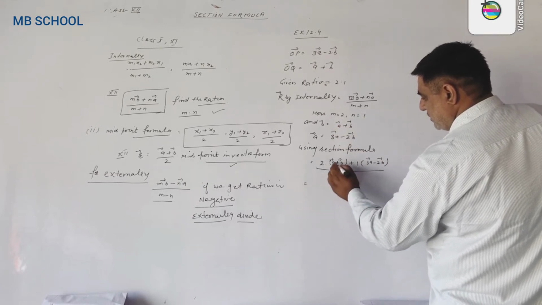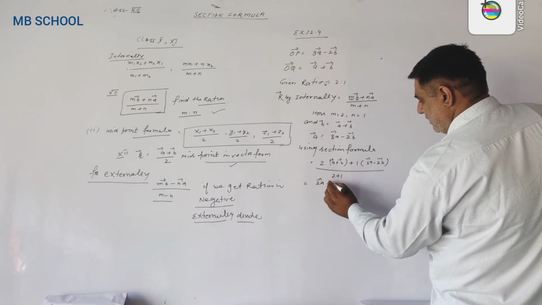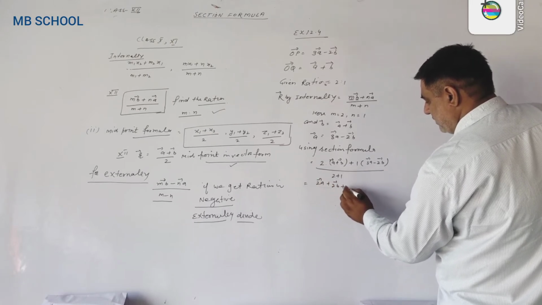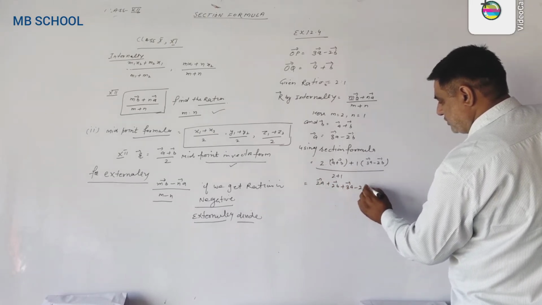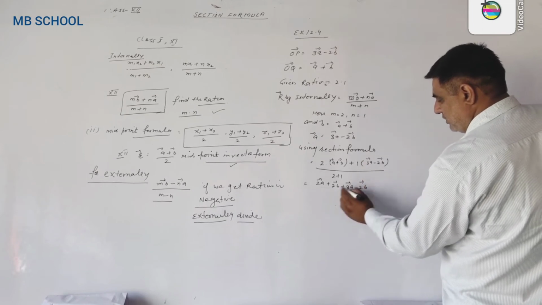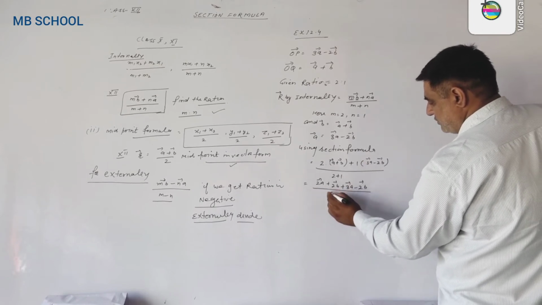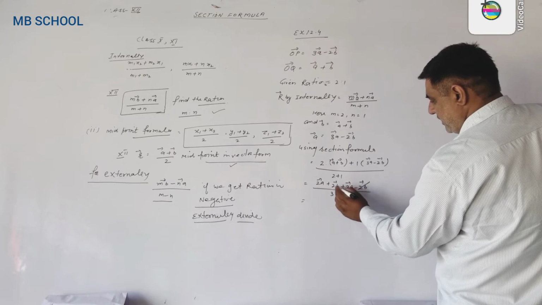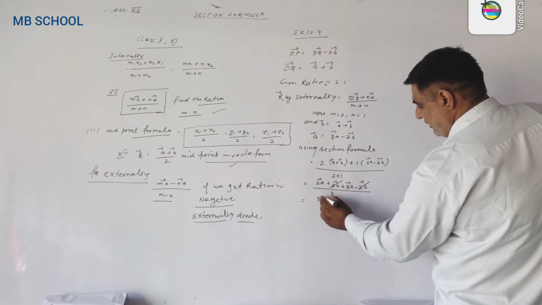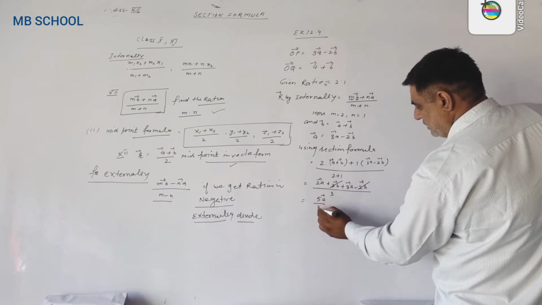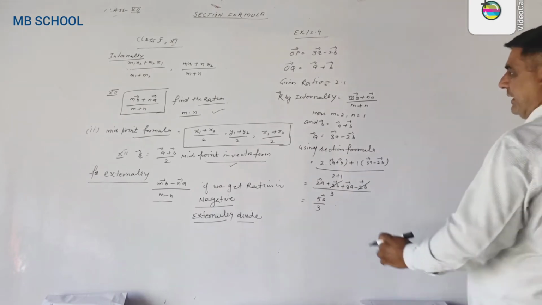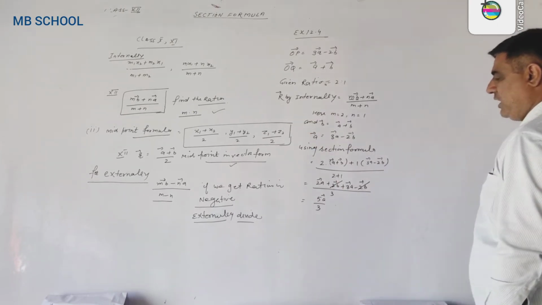Now we get 2a plus 2b vector, 3a minus 2b vector, now by 2 plus 1, 3. 2b cancels with 2b, we get 5a vector by 3. This is your internally point R.